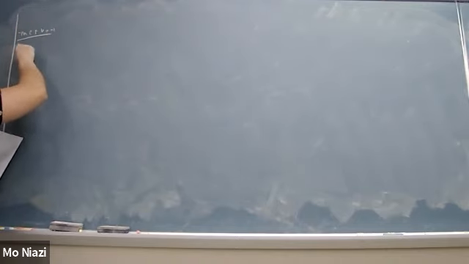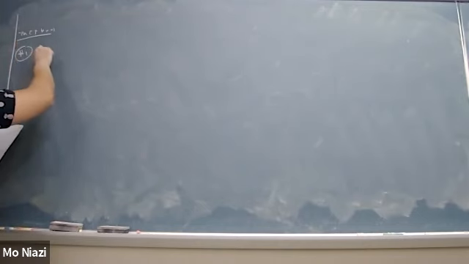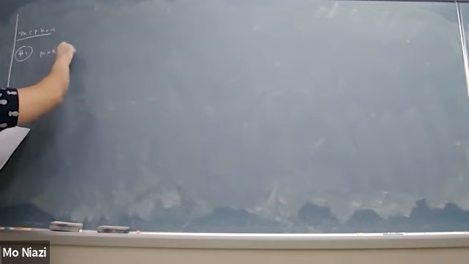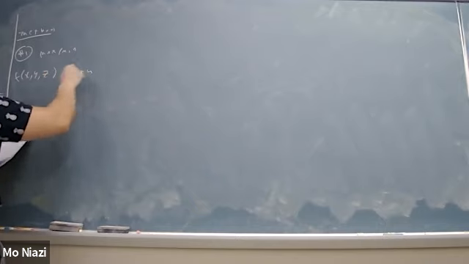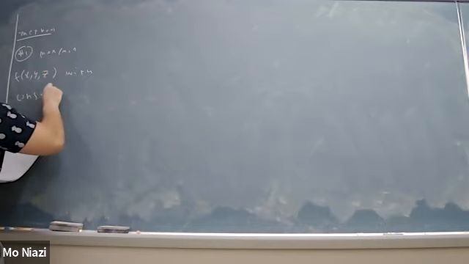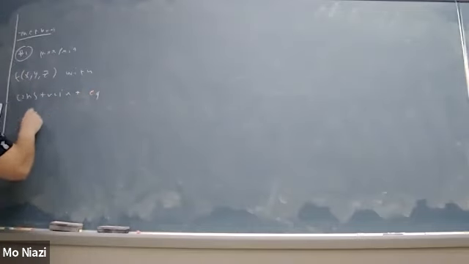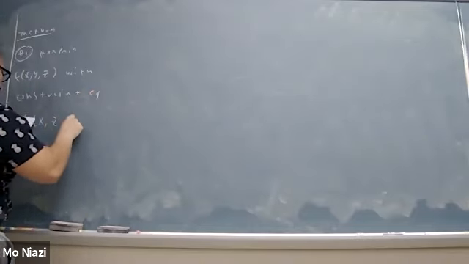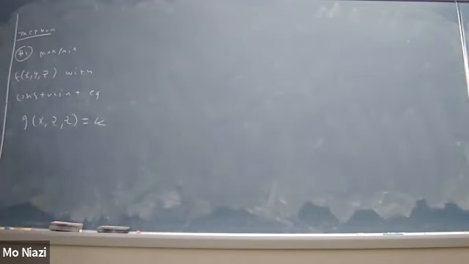Step number 1, if we want to maximize or minimize our function f of x, y, z with the constraint equation, let's say g of x, y, z is equal to k, like a level curve or a level surface, if you will.